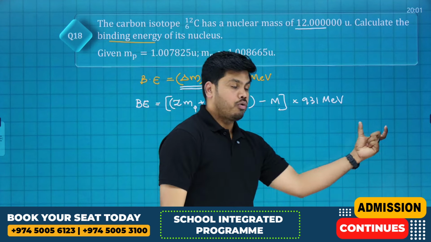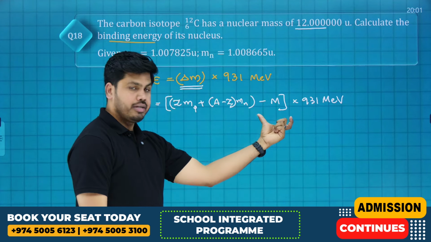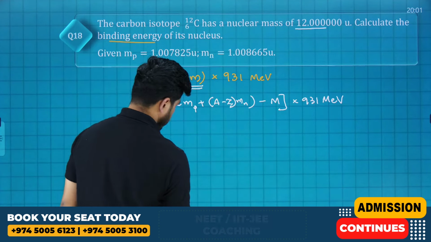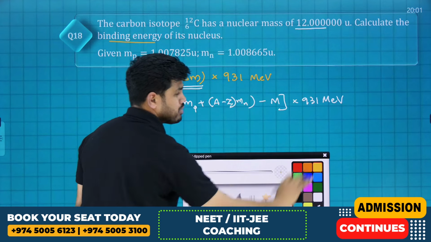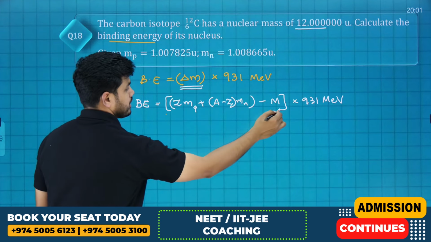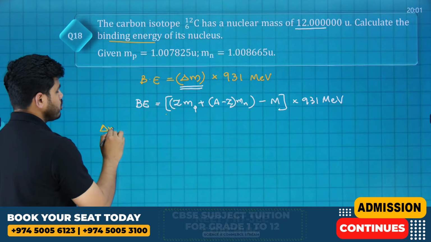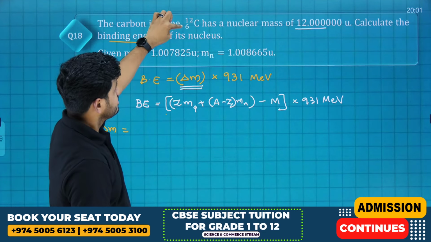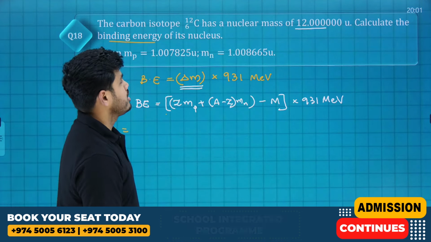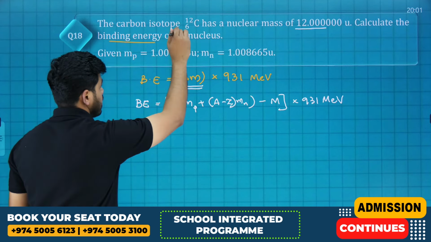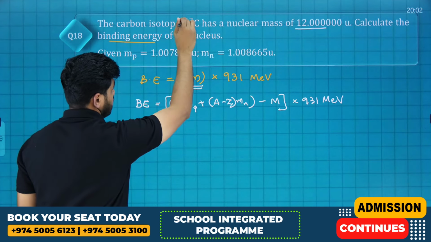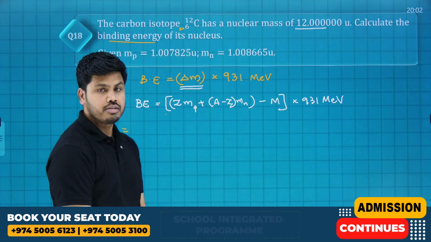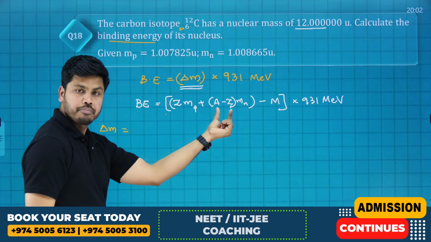So we have to find out what exactly this value is. Then we can finally multiply with 931. So I'll calculate this part separately. Delta M is equal to Z into the mass of proton. What is Z? The atomic number is 6, the mass number is 12. So the proton number is 6, and the neutron number is also 6, because A minus Z is 12 minus 6, which is 6.